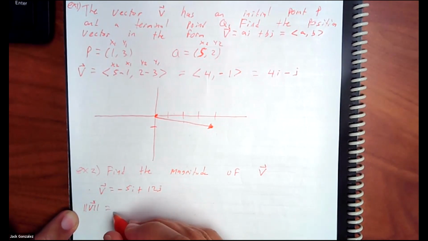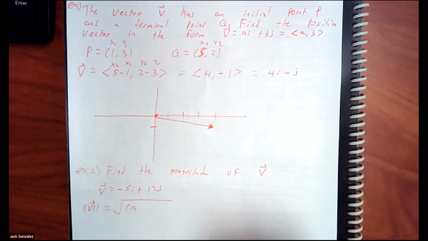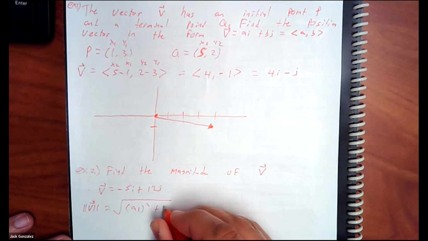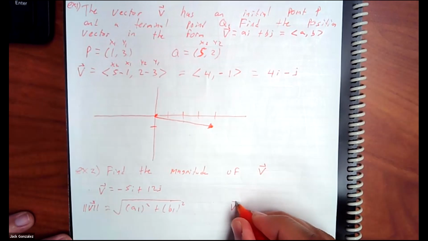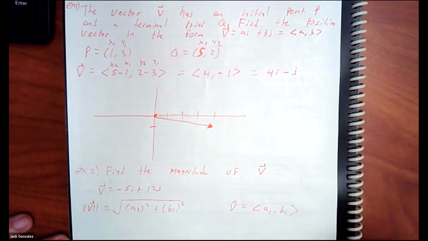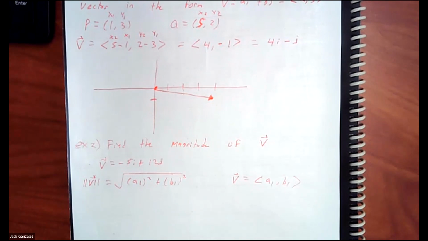The formula is the square root of A1 squared plus B1 squared, where V is equal to A1 comma B1. So that's your formula for magnitude. So if you want to know the amount of force on an object, you would calculate its magnitude.